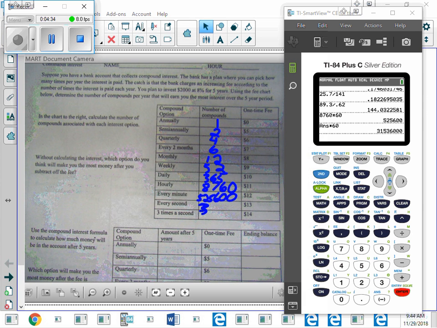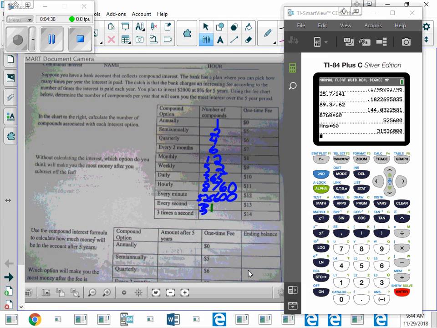Okay, I think I fixed it. So 3,153,600, and what about 3 times a second? How are we going to find that? Just triple this number. So 9,460,800.